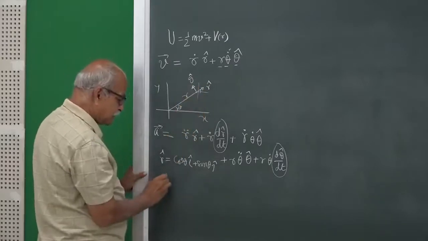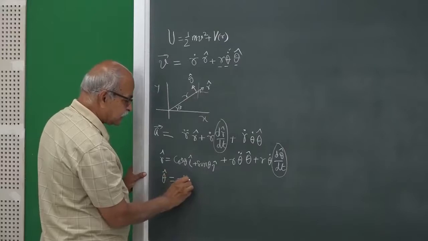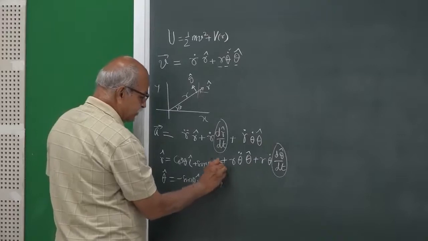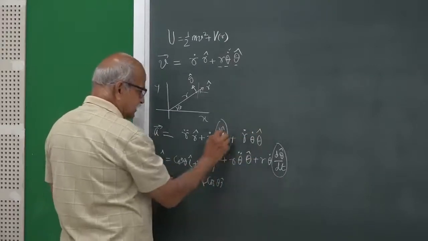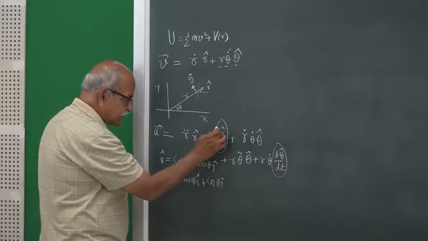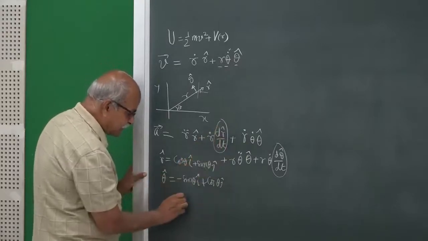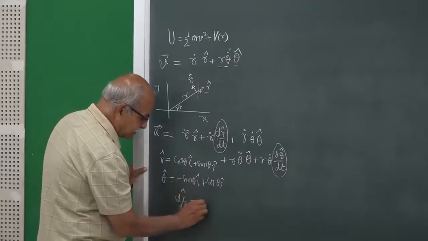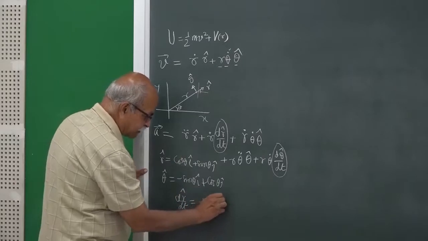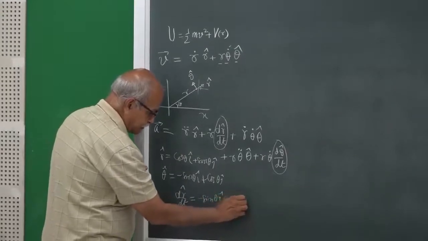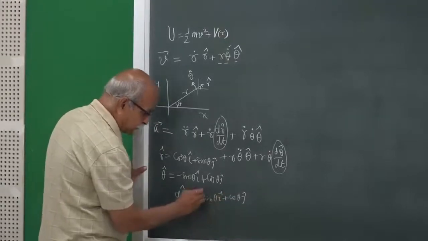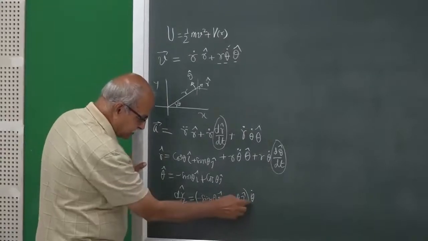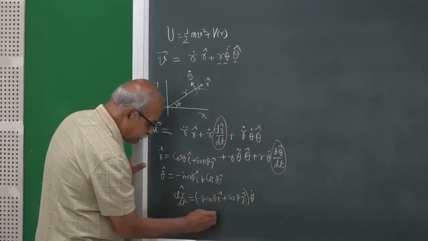Theta cap you can decompose as minus sin theta i cap plus cos theta j cap, and from here you can write what is dr cap dt. We had done that. You differentiate this. So, it is minus sin theta i cap plus cos theta j cap. So, this is how it goes, and then theta dot, of course, because you have to differentiate with respect to time. So, this is theta dot and then theta cap.